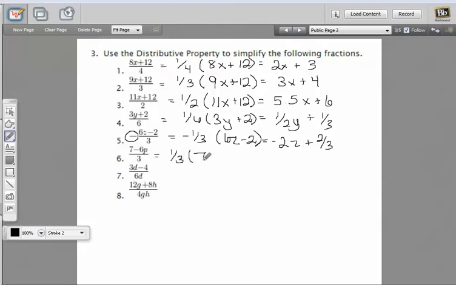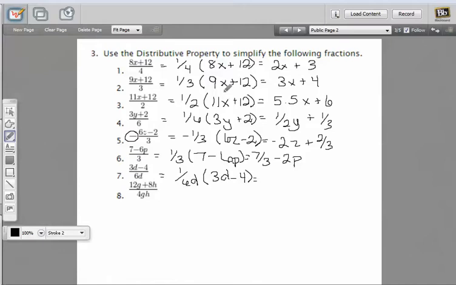For number 6, we have a 1/3 times 7 minus 6p. So that's 7/3 minus 2p once you distribute. Number 7, I have 1 over 6d times 3d minus 4.